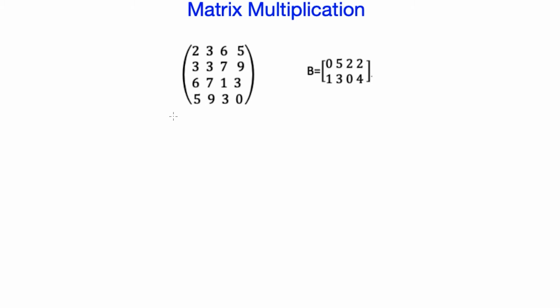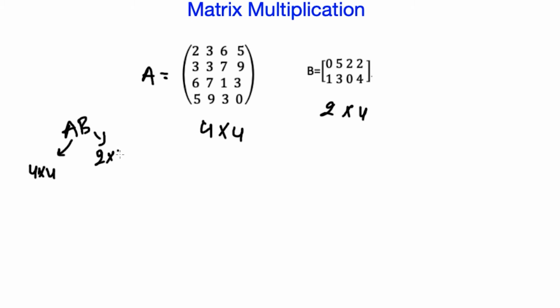Now we will look at another matrix with different size. For example, this matrix here is a square matrix 4 by 4, and this one here is 2 by 4. So when we call this matrix A, and this one B, the product AB, where A is 4 by 4 and B is 2 by 4, is impossible, it is undefined, because this 4 here is different from these 2 here.